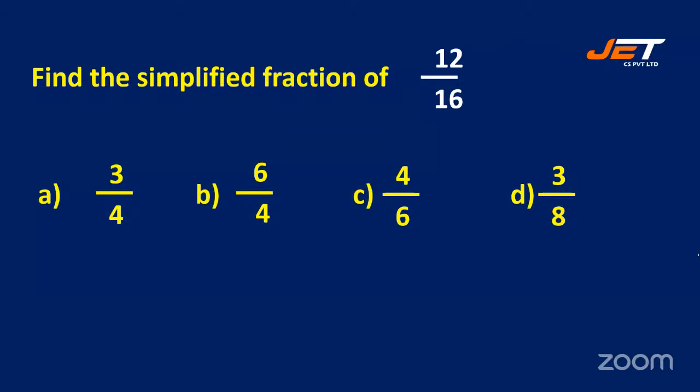So I don't think more time can be given because it's very easy. Let's see the answer. See, I can cut this by 4. 4 threes are 12. 4 fours are 16. So your answer must be option A.